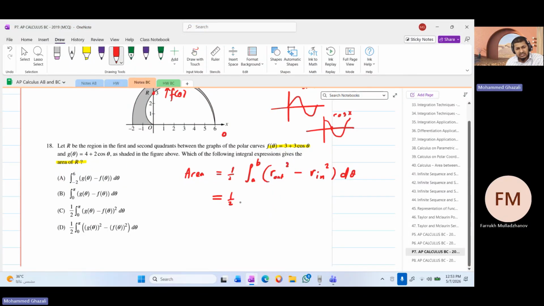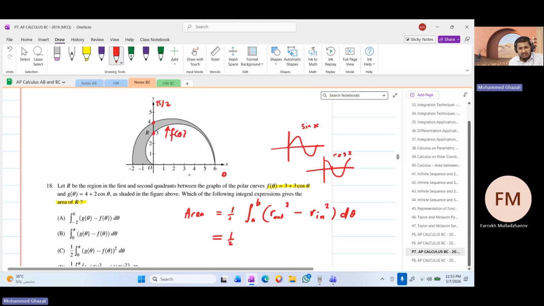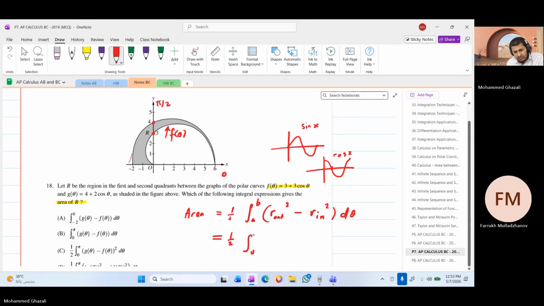What's a to b? Where are you integrating from? This entire region R is from 0 to pi. This is the pi line, and you're not going beyond pi.